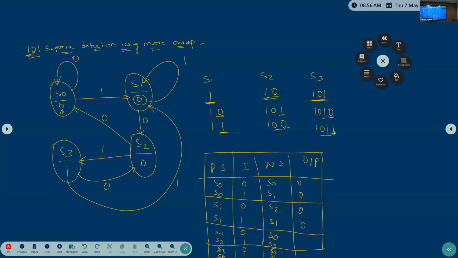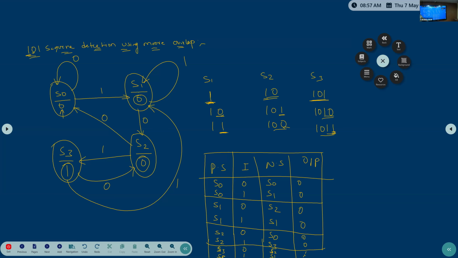S2 state, what is the output? 0. S3 state, what is the output? 1. Yes or no? With respect to inputs, the output depends only on the state. Clear?